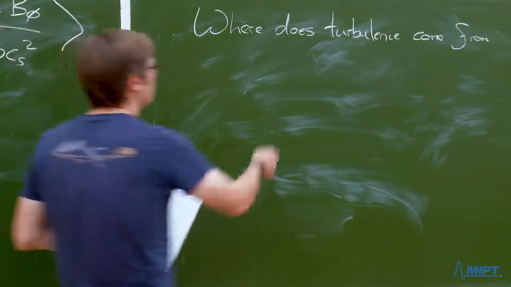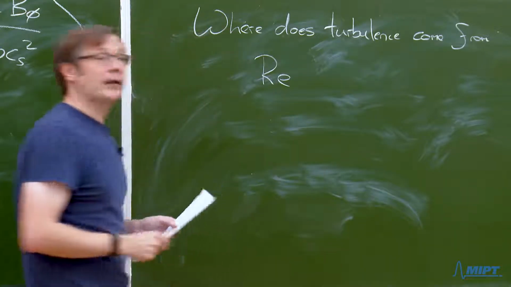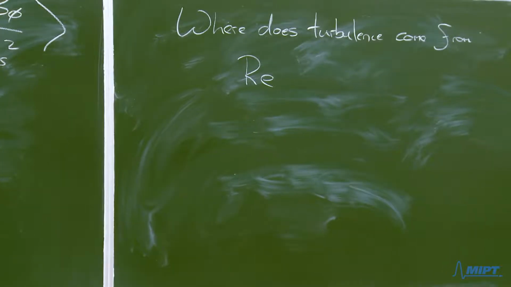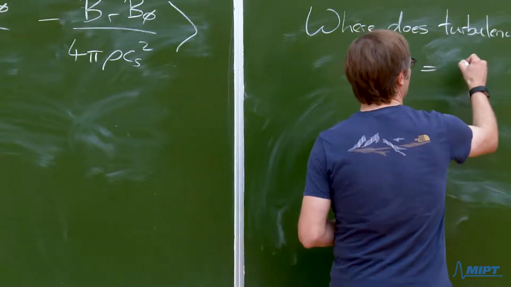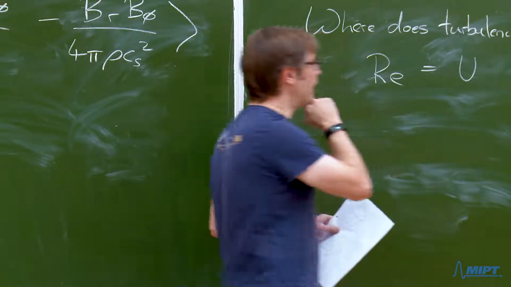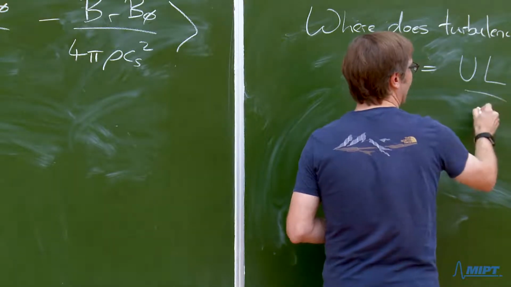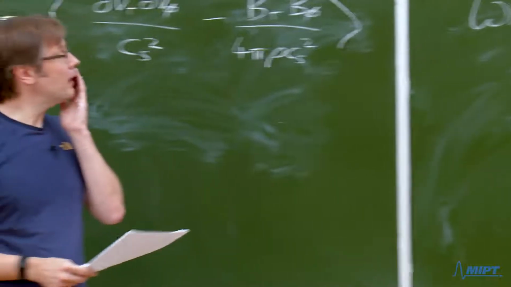So the first thing we could do would be to ask what sort of characteristic Reynolds numbers we would have if we're considering disk flows. Okay, so we'd write the Reynolds number as being the product of some characteristic velocity, call that capital U, and some characteristic scale L, divided by nu. Okay.